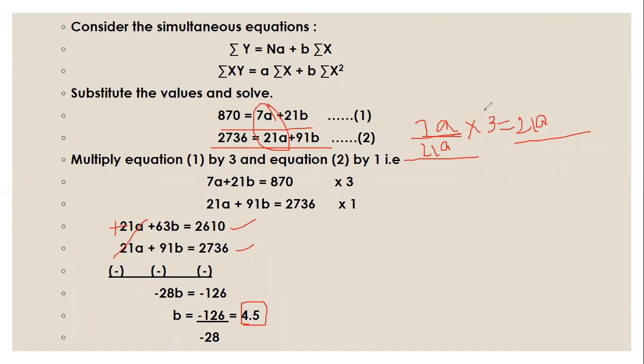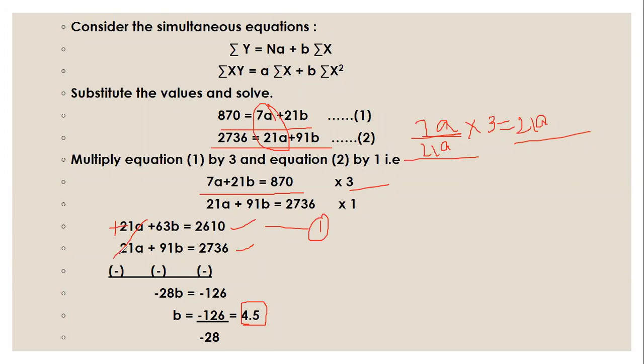So I am going to multiply the whole equation by 3. When I multiply the whole equation by 3, 7 into 3 is 21A, 21 into 3 is 63B, 870 into 3 is 2610. So this will be my equation number 1.